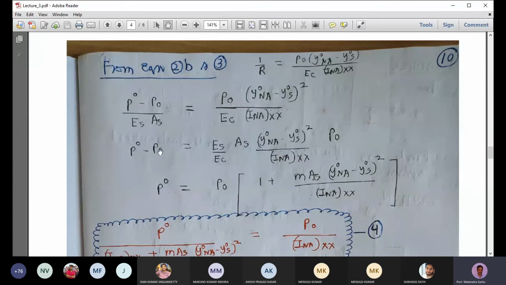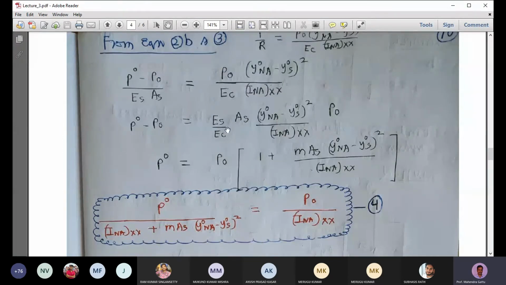So we get P naught minus P is equal to ES by EC, Young's modulus of steel by Young's modulus of concrete, times area of steel into (Y naught NA minus Y naught S) whole square by I neutral axis XX, that is the moment of inertia of the rectangular area above the neutral axis, times P naught.